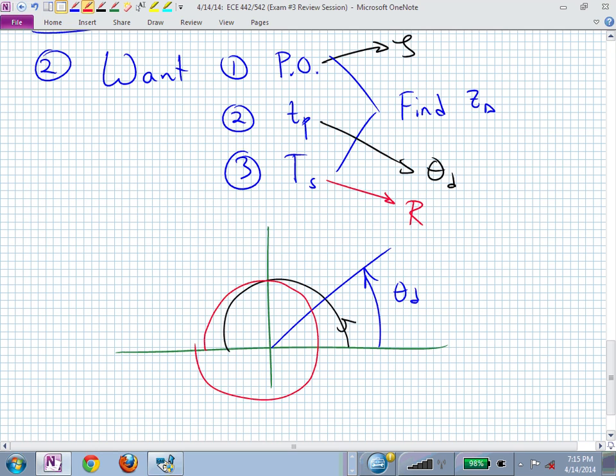But now I have some different combinations, don't I? I might have a peak time of 1/2 or slower. Then where am I going to want to be? And I want to be inside the settling time spec, or I want a settling time of less than what that settling time spec gives me. Where do I belong?